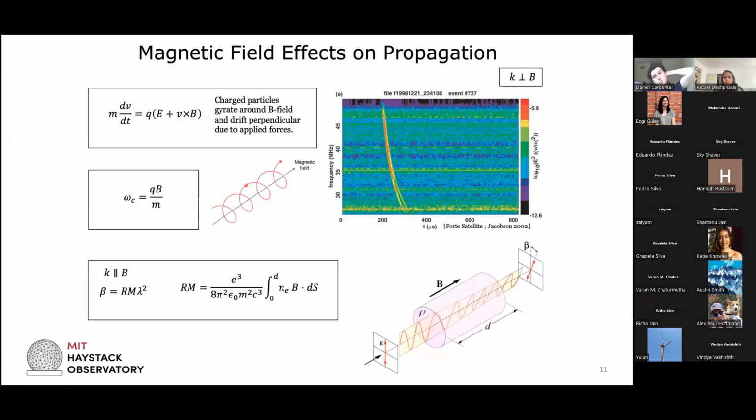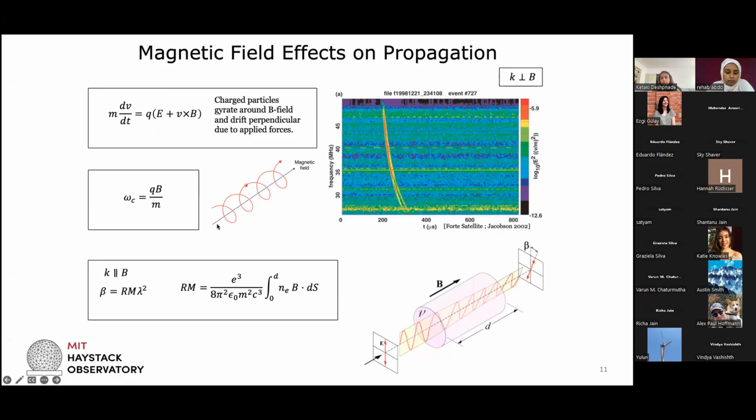So again, this talks a little bit about what happens when we have a magnetic field in a plasma. And as I said, in the ionosphere, we have the Earth's magnetic field and we've got a plasma. So charged particles are gyrating around the B field, and they drift perpendicular when it's due to applied forces.